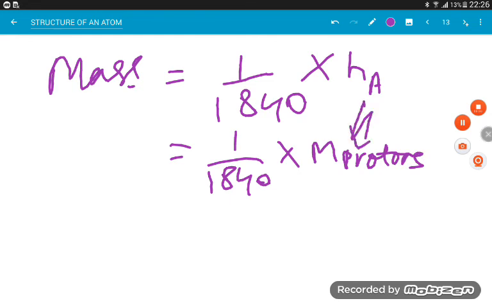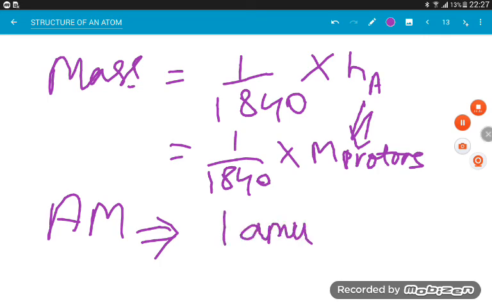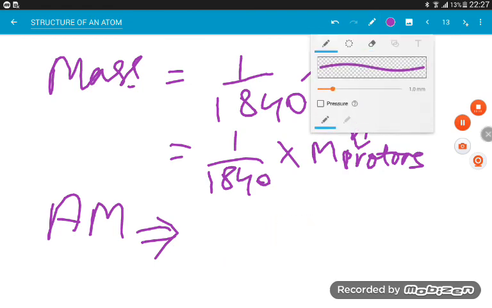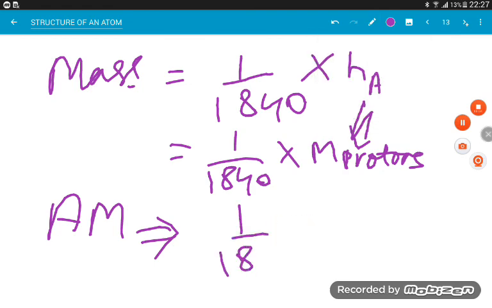Hydrogen atoms are nothing but protons. Now the absolute mass of an electron is nothing but 1 by 1840 AMU, right?